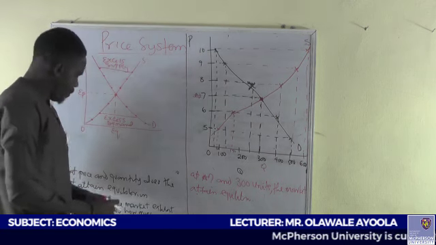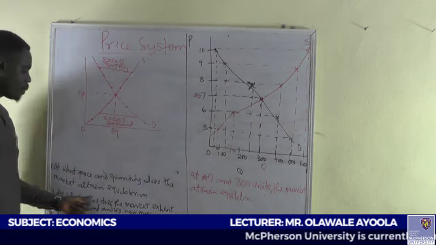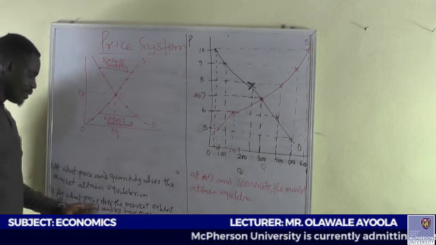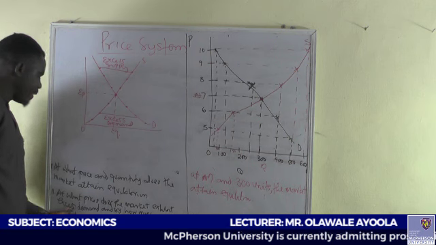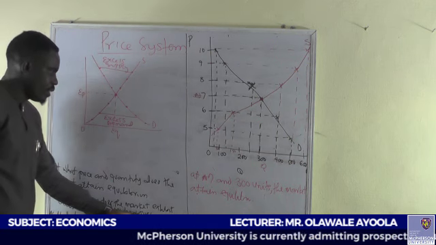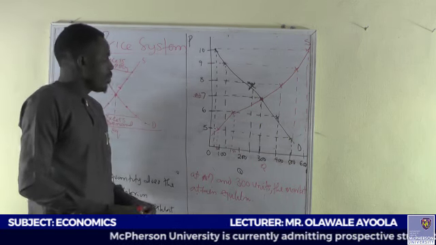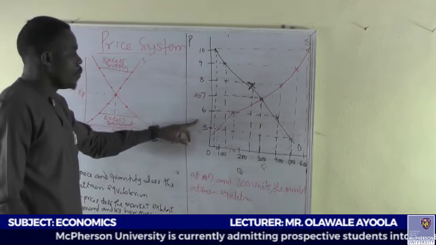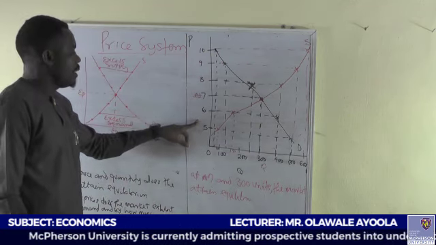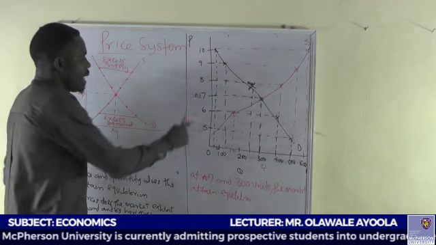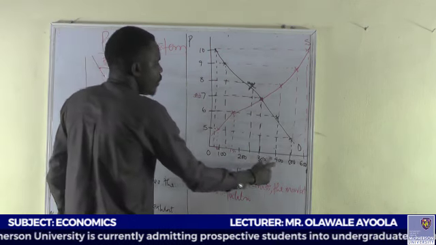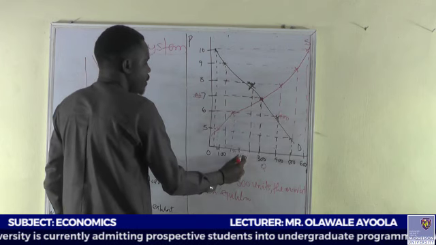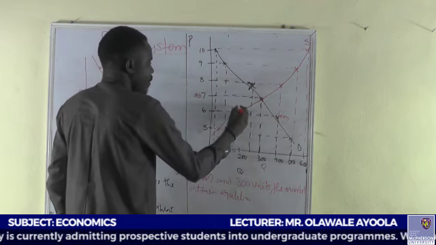Back to the question, which is, at what prices does the market exhibit excess demand, and by how much? We can see that all prices below 7 will give excess demand. We can see at 6, demand is 400, while supply is 150.